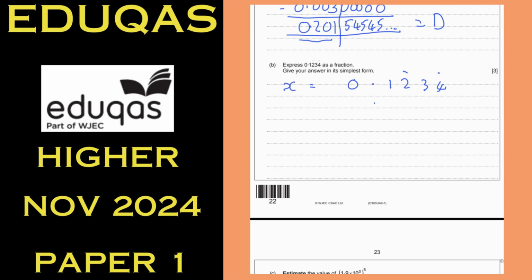You always want to budge them up so that the recurring happens immediately after the decimal point.